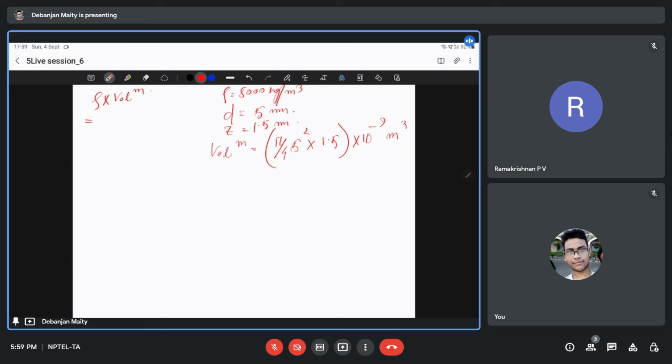That will be in meter cube. So 8,000 into pi by 4 into 5 square into 1.5, that into 10 to the power minus 9.